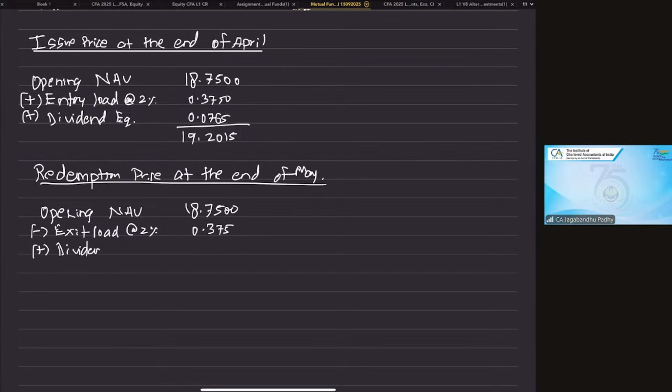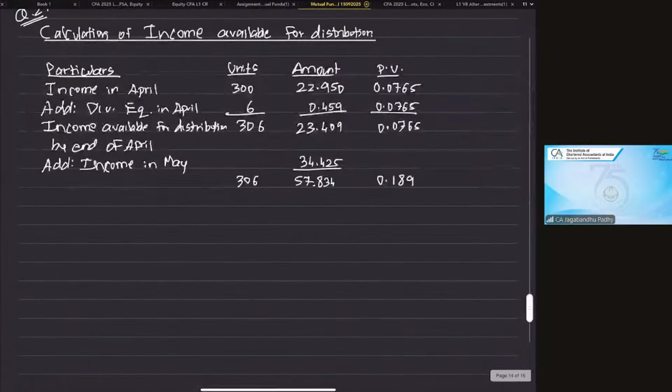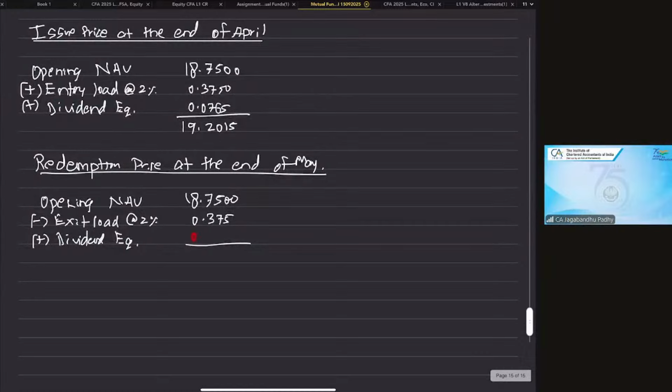Now, how much is the dividend equalization that we are going to give? We have computed over here, right? Per unit wise, it is 0.189. So dividend equalization, we have to pay 0.189. So just add up.